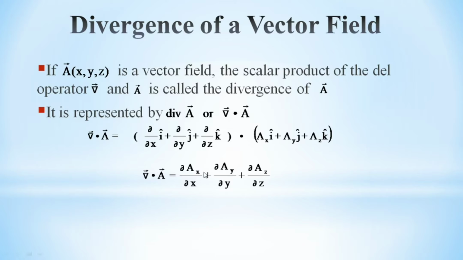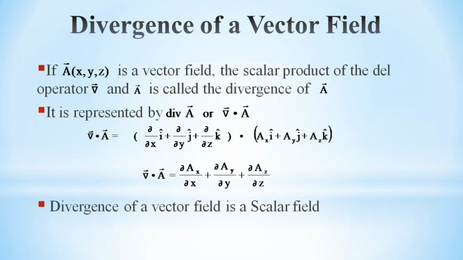We will get dou Ax by dou x plus dou Ay by dou y plus dou Az by dou z as the divergence of the vector field. By looking at this expression, we can say the divergence of a vector field is a scalar field. That means we have transformed a vector field into a scalar field by operating on the vector field with a del operator, a vector differential operator.